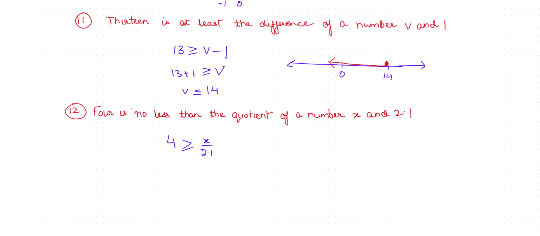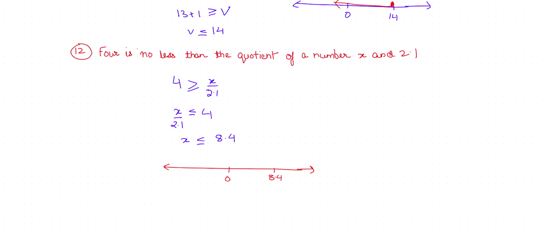Let's graph this. Since it is less than or equal to, the circle will be filled because it includes 8.4, and it will keep on going with this.